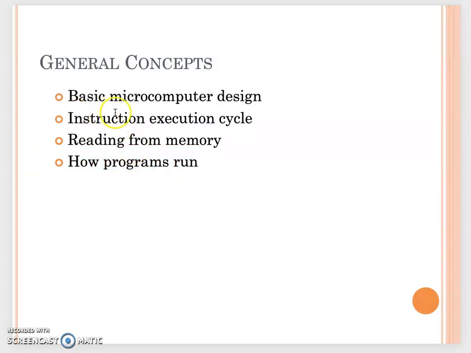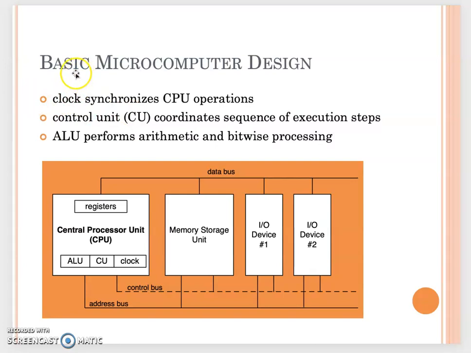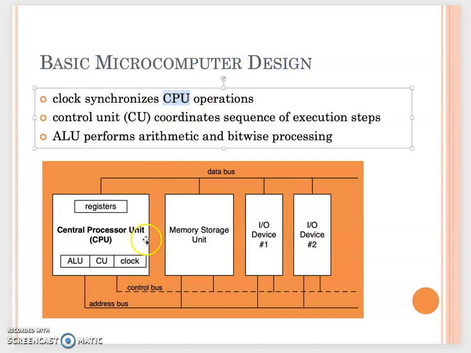First, let's see the basic microcomputer design. When we talk about the basic microcomputer design, we need to go to the hardware and see how the CPU looks. The CPU actually stands for central processor unit. Usually it just looks like a square piece of hardware. Here we use a picture to show it.